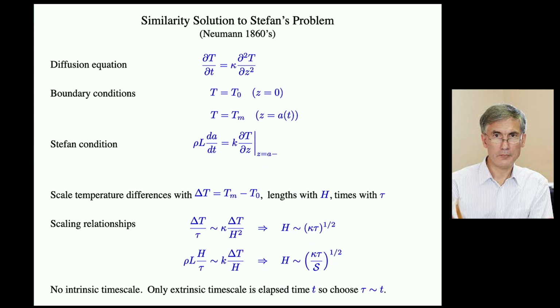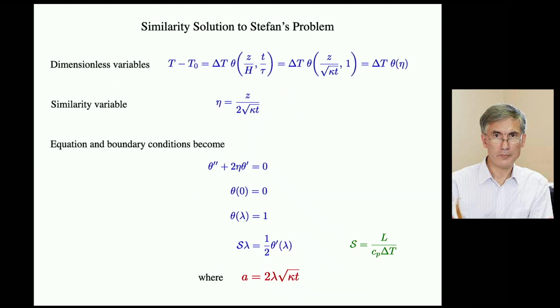So we have to choose the time scale to be the elapsed time t. And if we scale our variables by factoring out our temperature scale and having a dimensionless temperature theta, then T is a function of z and t, but we want to use dimensionless variables.